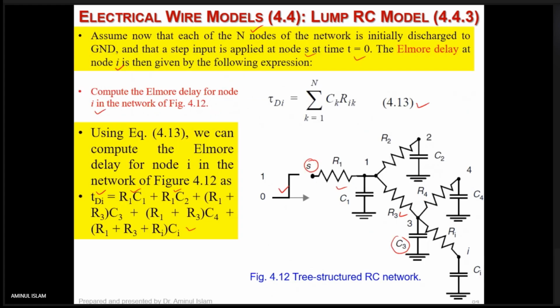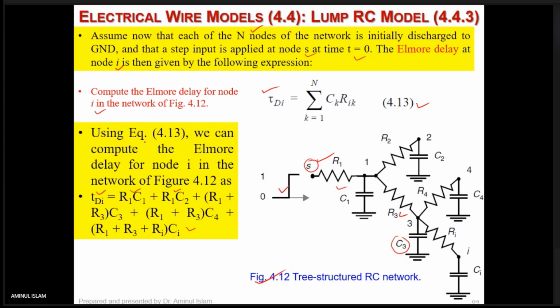Assume now that each of the n nodes of the network is initially discharged to ground and that a step input is applied at the source node S here at time t equals 0. The Elmore delay at the node i is then given by the following expression: tau Di. So compute the Elmore delay for node i in the network of this figure.